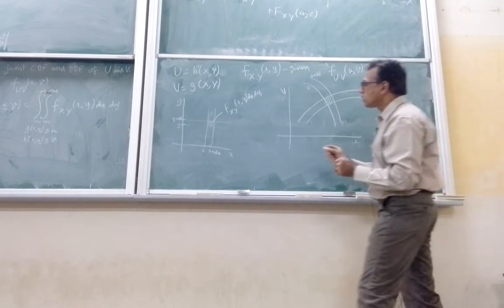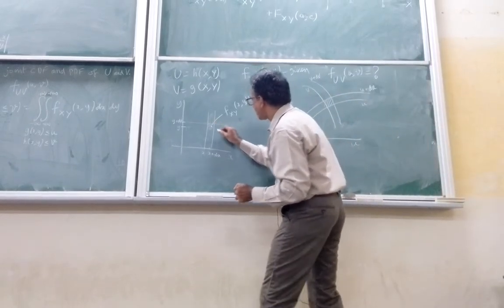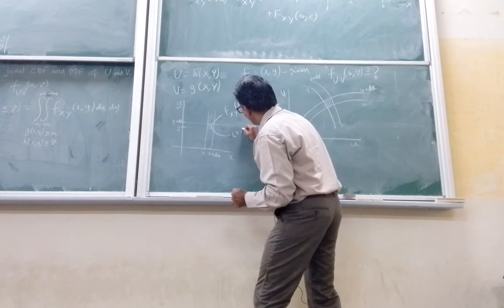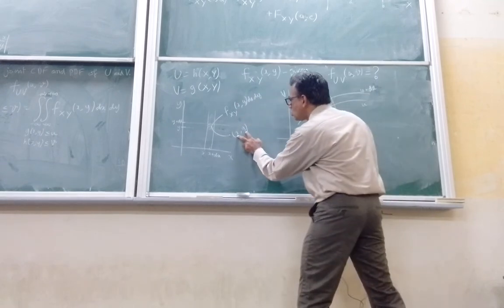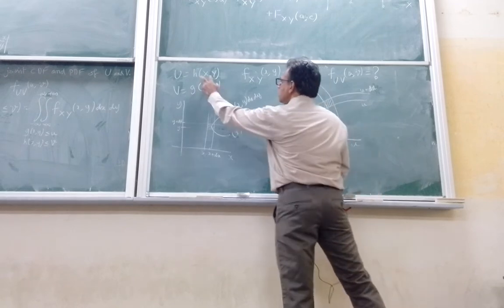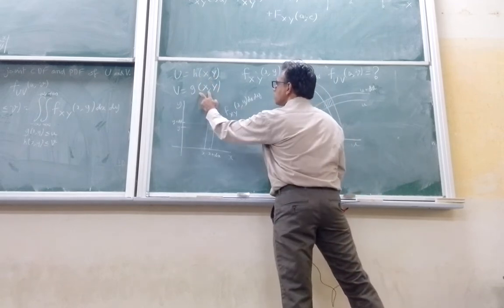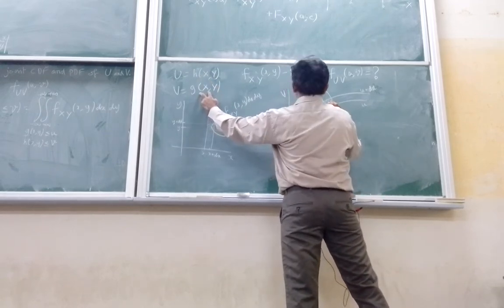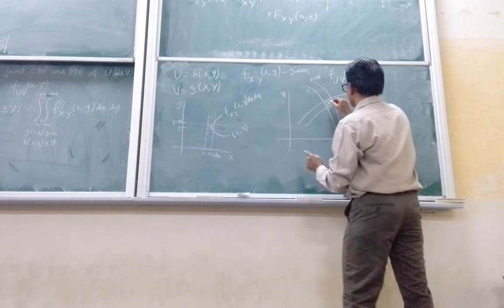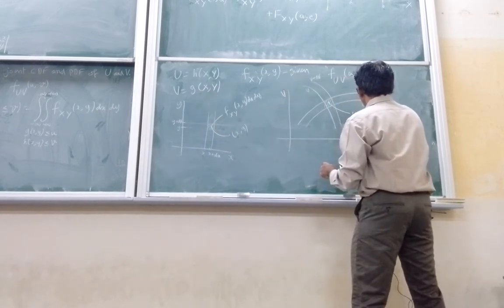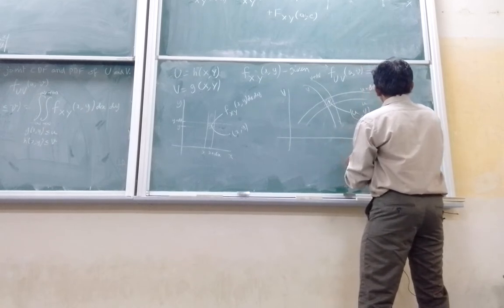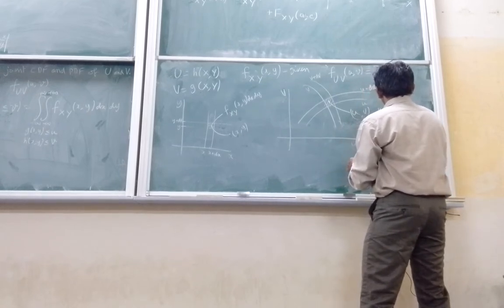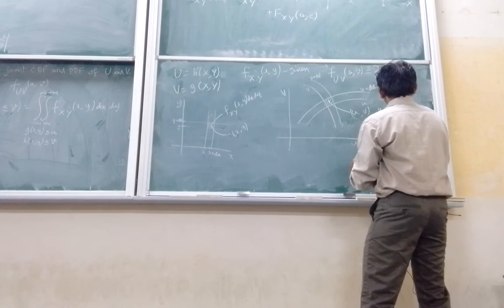So suppose you know that this is the point x comma y, and if you plug in these two values x and y in these two functions, you get u comma v, such that u is equal to g of x comma y and v is equal to h of x comma y.